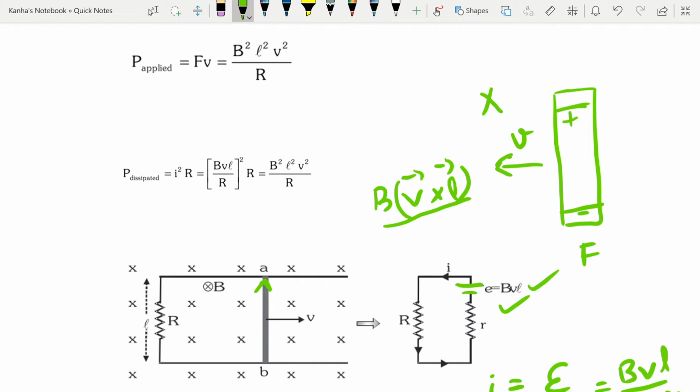My force is in the downward direction for positive charges, so electrons will be pushed in this direction. This will lead to a negative on the top and a positive on the bottom, and this will lead to a cell like this in the system. This should be noted every time you try to write the equivalent diagram for this.